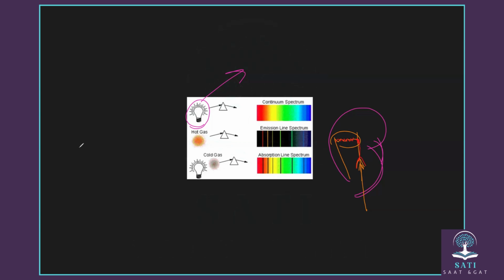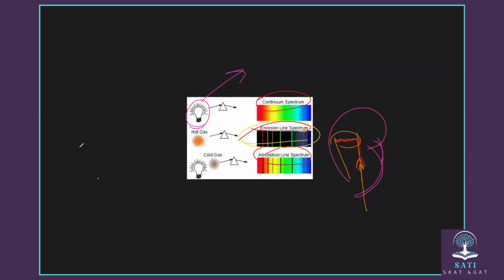So we understand now what a continuous spectrum is, what an emission spectrum is, and what an absorption spectrum is. We need to understand that each element has a different emission spectrum. That means we can identify the atom of one element from the atom of a different element by its emission spectrum, which we call the atomic emission spectrum.